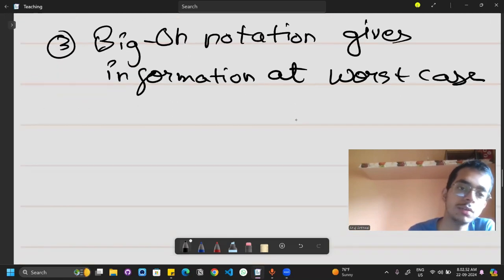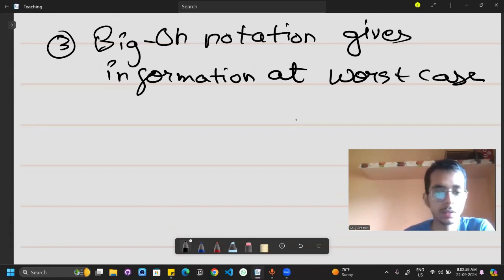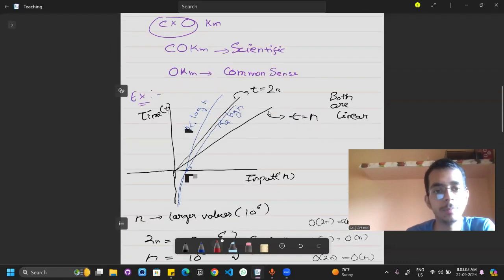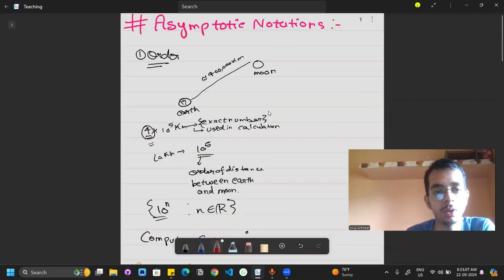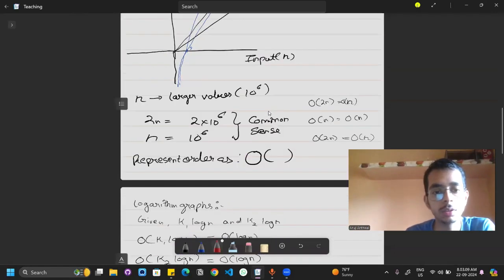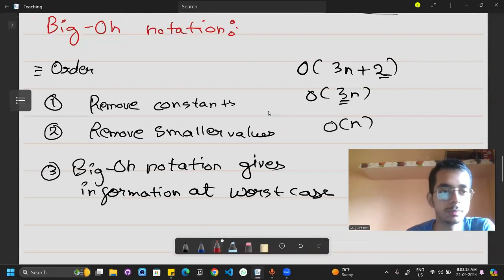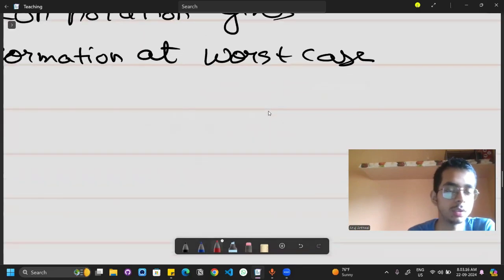So Big O notation gives information about the worst case. Okay, so what about the best case? That's the next one. So you understood why I did all of this. This was all done to make you understand why Big O notation came into existence.